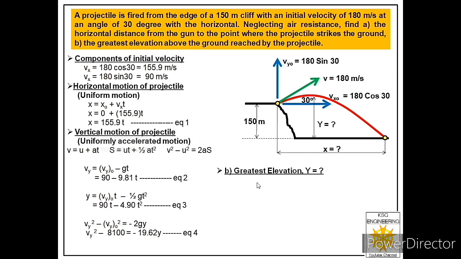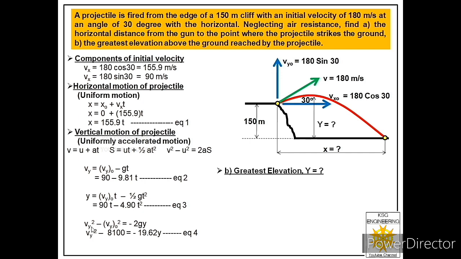So in order to find the greatest elevation Y, first of all we have to find small y, which is the distance traveled by the projectile from the point of projection to its highest elevation. So how we can find that distance? We have two equations, equation number 3 and equation number 4.